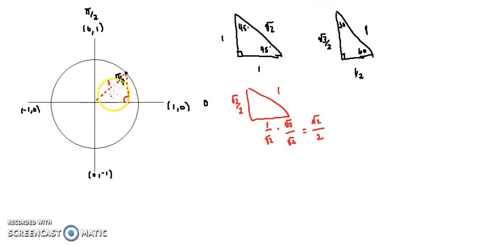Okay, so coming back up to here, this side is square root of 2 over 2, this side is square root of 2 over 2, so that means that our point is square root of 2 over 2, and square root of 2 over 2. Our x distance and our y distance are the same, and we know that the value is square root of 2 over 2. Okay, so that gives us one exact point that we know happens at pi over 4.